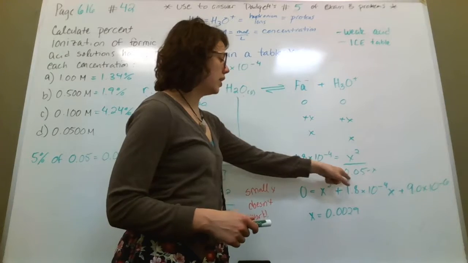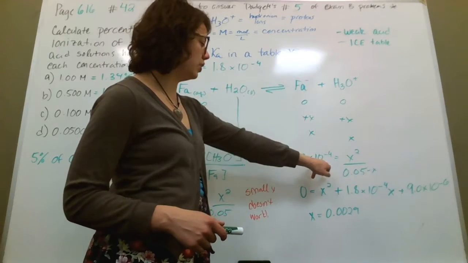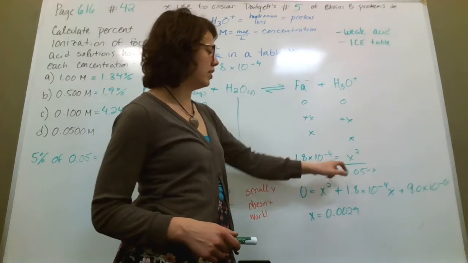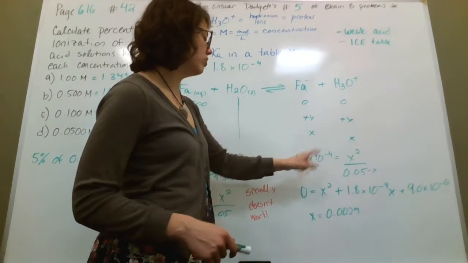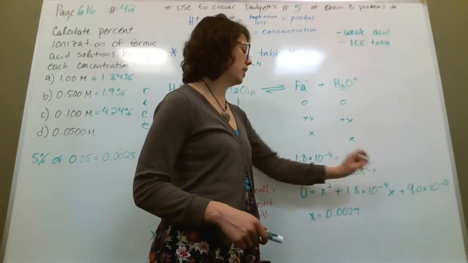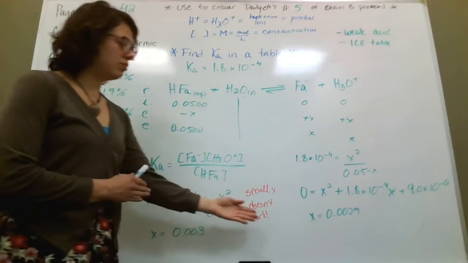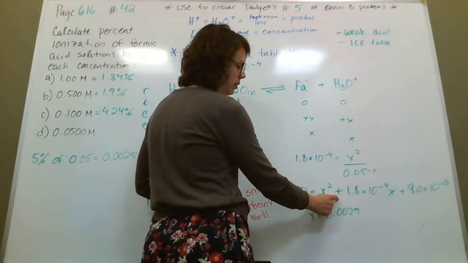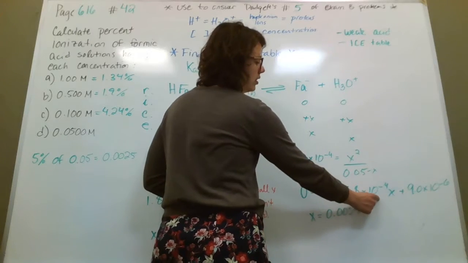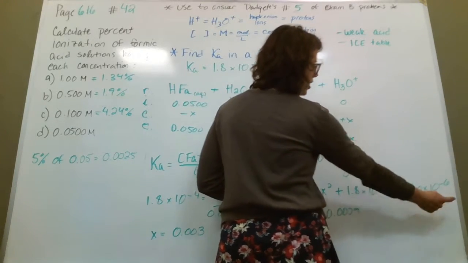You'll have to multiply the denominator by this, so 1.8 times 10 to the negative 4 times 0.05, and also 1.8 times 10 to the negative 4 times x. And then you get them all to the same side of the equal sign. So 0 equals x squared plus 1.8 times 10 to the negative 4 x minus 9 times 10 to the negative 6.